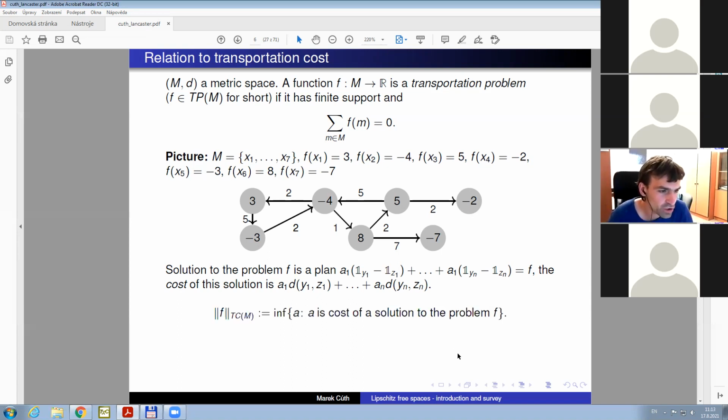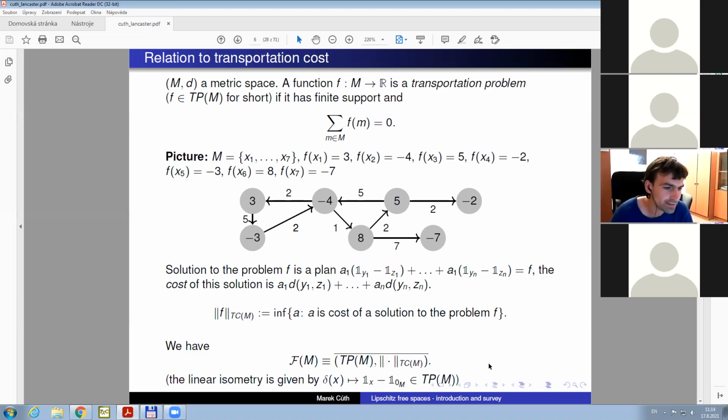The transportation cost norm of a transportation problem is the infimum of all the possible costs. One can verify that if you endow the vector space of all transportation problems with this transportation cost norm, then one gets a normed linear space, and the completion is therefore a Banach space.